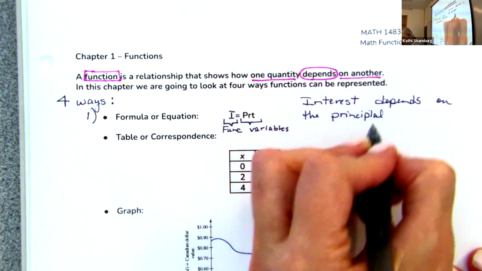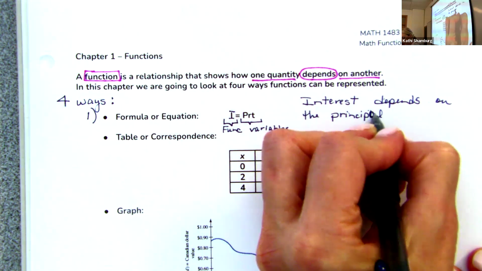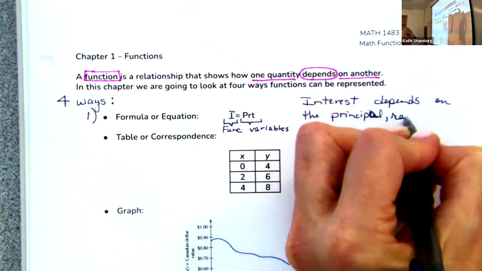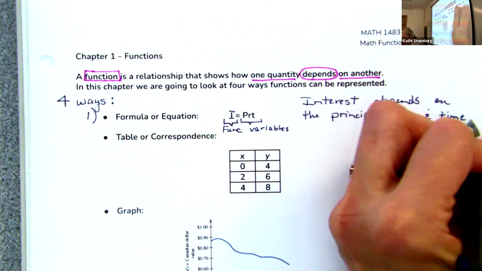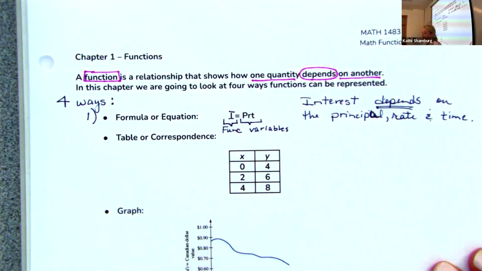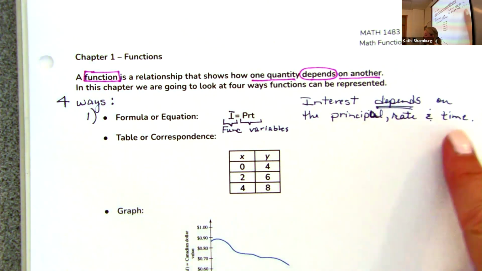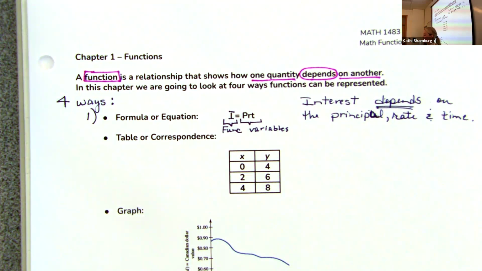Whoops, I got an extra L in there. Principal, rate, and time. So what that means is I won't know my interest until I know what the principal, rate, and time are, because it's dependent upon it. So that would mean principal, rate, and time are independent.